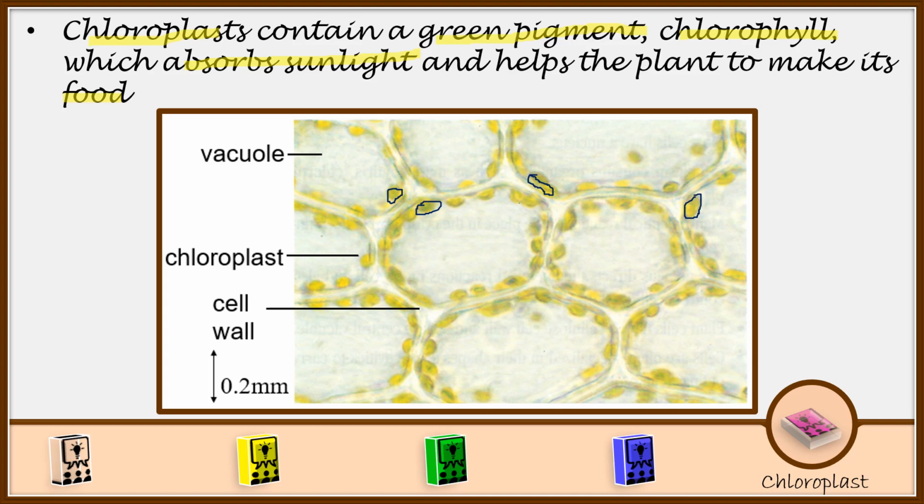This green substance is called chlorophyll, and it is found in structures called chloroplasts, and its function is to absorb sunlight energy to carry out photosynthesis.